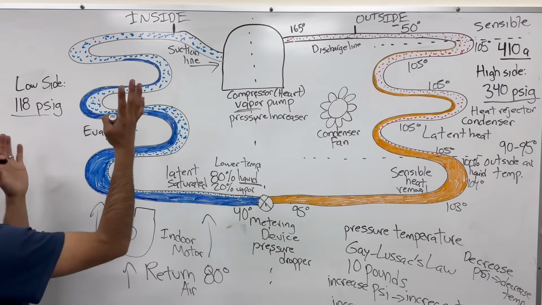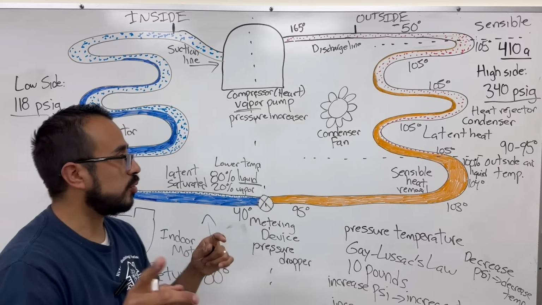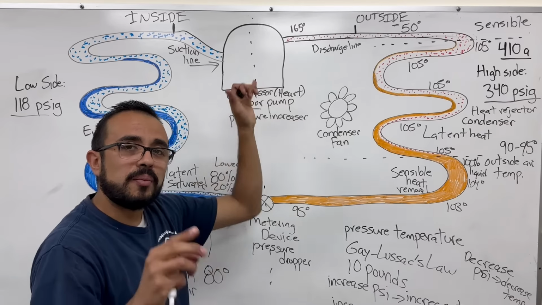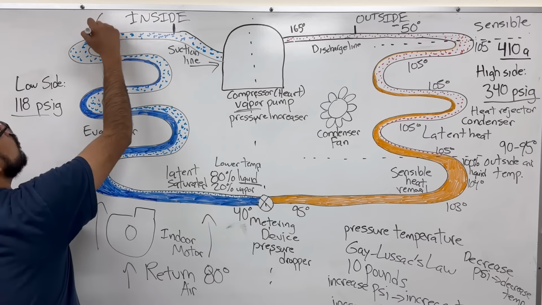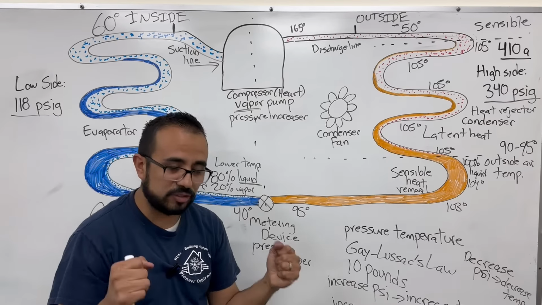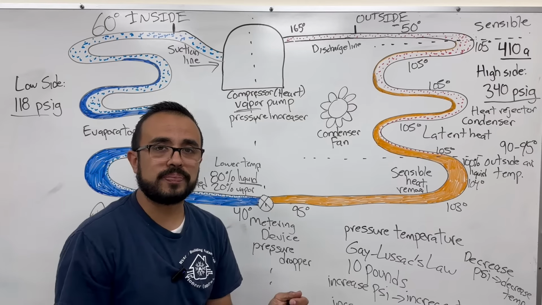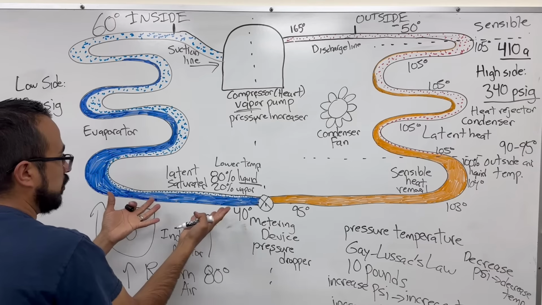You're like, no, I don't want the liquid molecules to be gone. No, that's good. We want that because the compressor's a vapor pump, but we're also doing cooling. If we've got 80 degrees coming in, boom, we've got 60 degrees coming out. Yes, now we are cooling. But we're cooling just because we have a good amount of liquid.